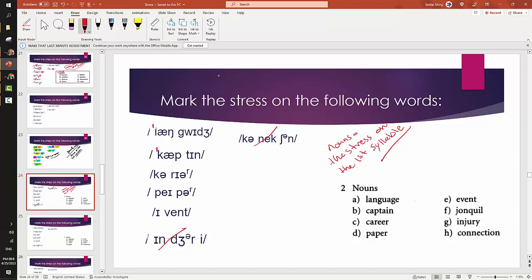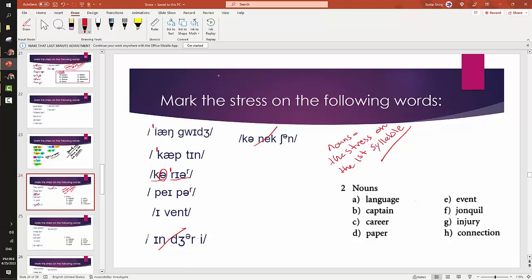Here you can see the first syllable contains, or the peak here is, the schwa sound. You cannot stress a weak syllable, so we have to put the stress on the second syllable. As you hear, you can say career. You can hear rear over ka.